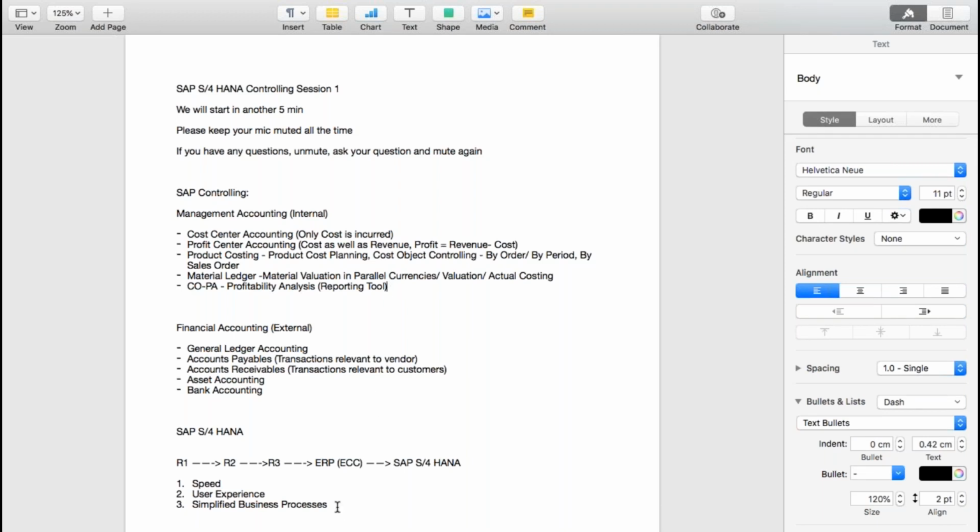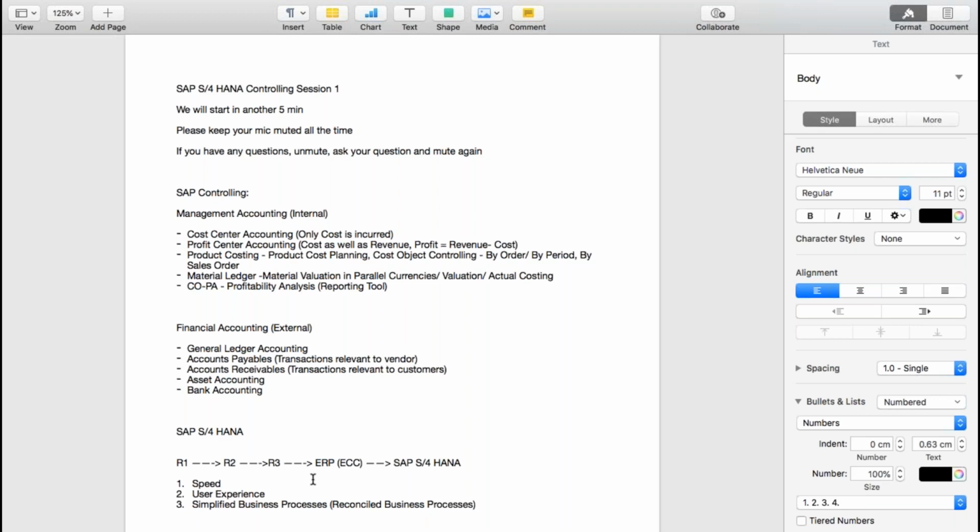So when we say simplified business processes, very importantly for the CFO, it is reconciled business processes. In ECC, one of the major challenges for CO is FI and CO. Many times FI and CO store the data in two different sets of tables.